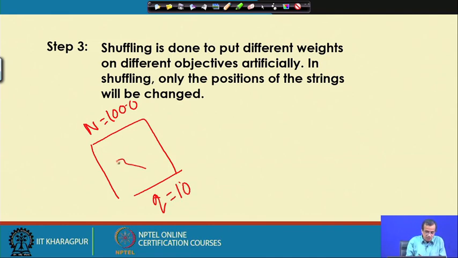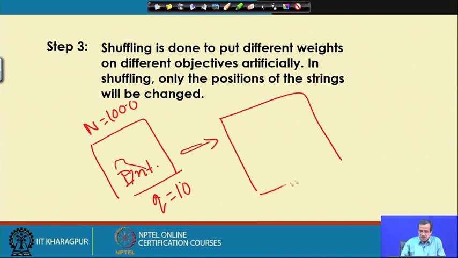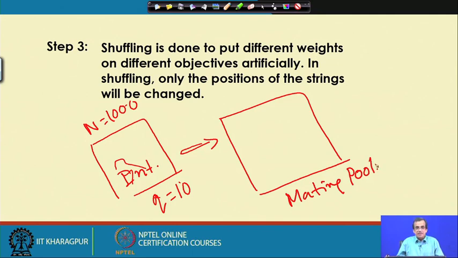This is nothing but the initial population. Now, from this initial population I am going to get one mating pool. For this mating pool we use proportionate selection, and here the proportionate selection is done objective function-wise. Let me concentrate on the first objective first.